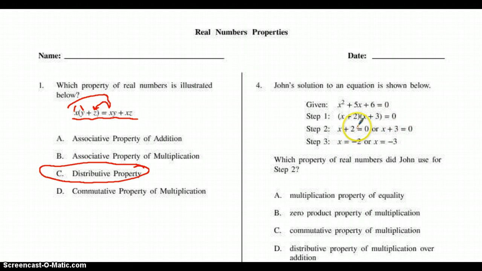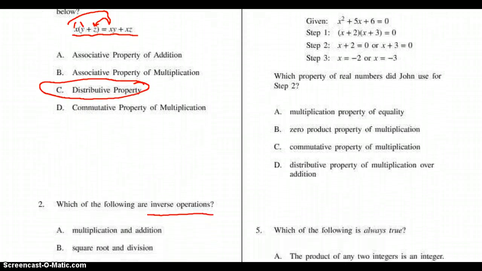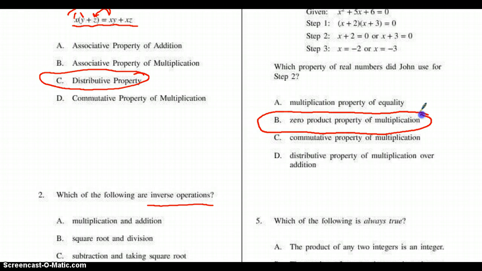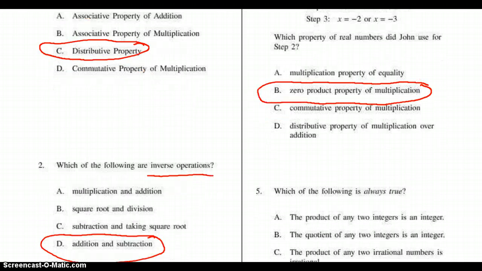So what he's saying is x plus 2 is equal to 0, or x plus 3 is equal to 0. You have not heard about this property, but the property that he used is called the zero product property of multiplication.